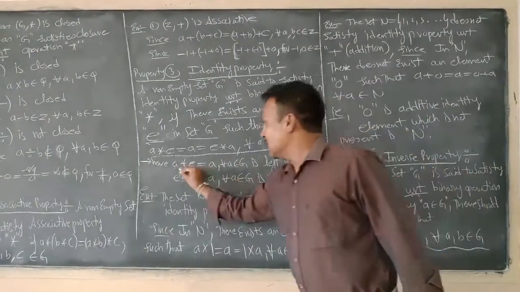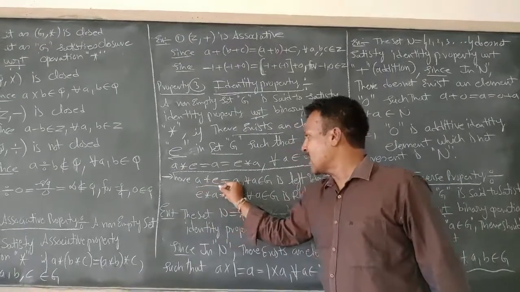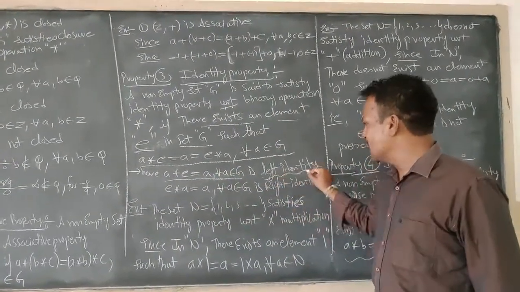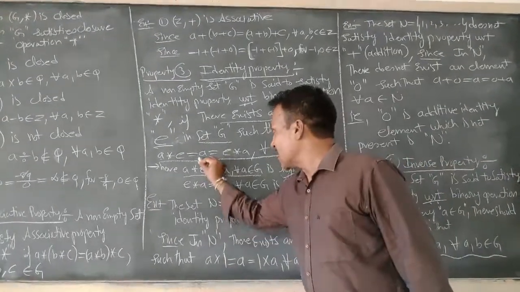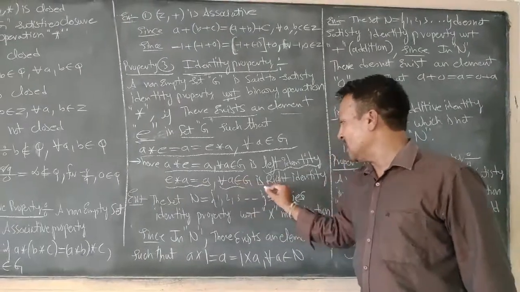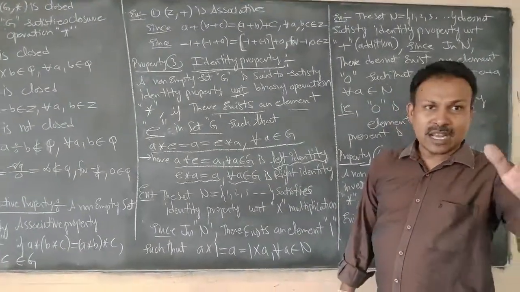Right. Here the first half of this property, that is A star E is equal to A for every A belonging to G, is left identity, and the next half, E star A is equal to A for every A belonging to G, is right identity. Right? I repeat once again in my words.